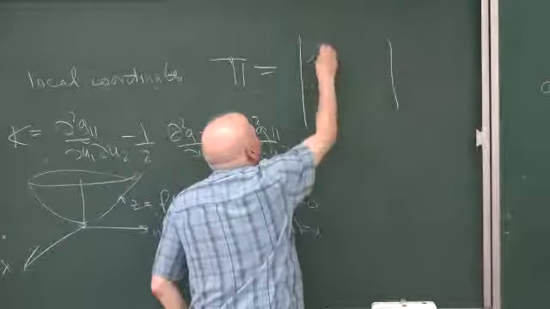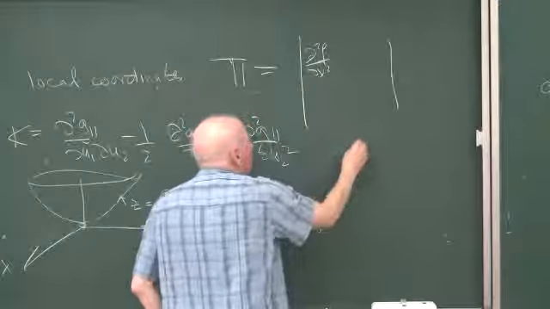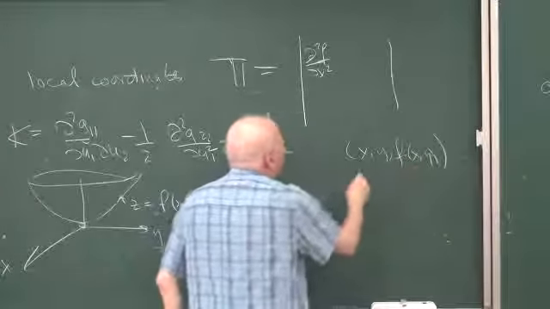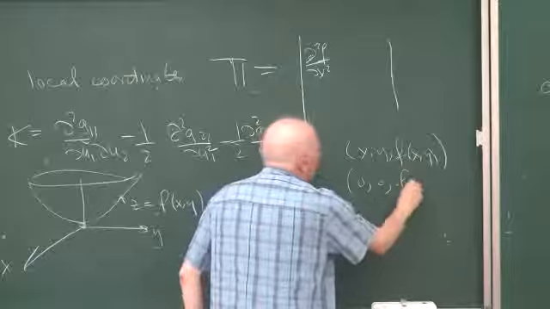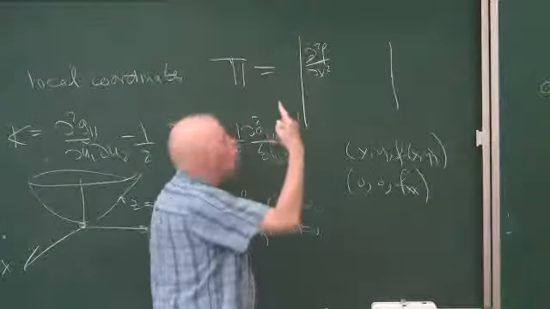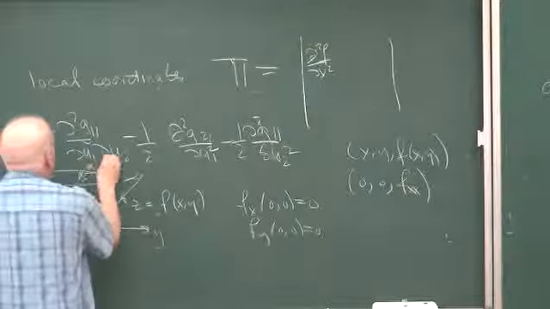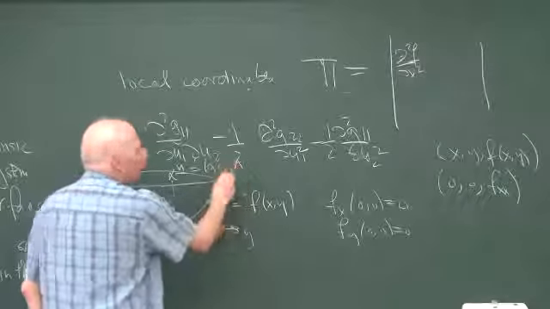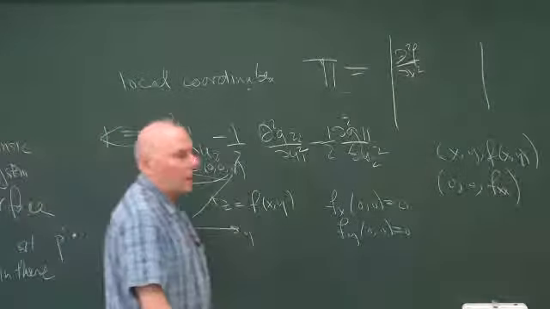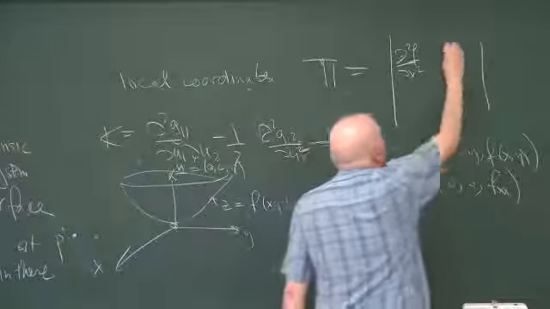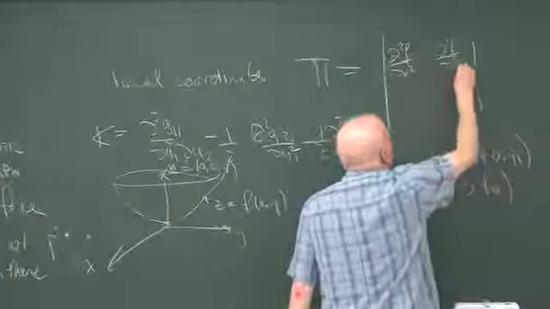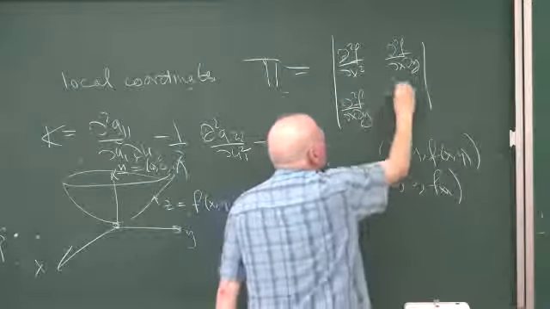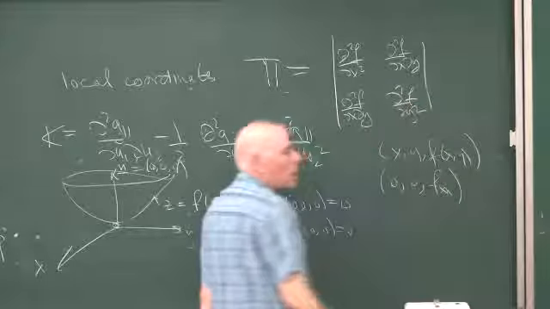Well, take the second derivative of the Hessian, x, y, f of x, y. Second derivative is 0, 0, and then f sub x, x. Dot it with the normal, which is 0, 0, 1. So it's only f sub x, x. Here, f sub x, y. Here, f sub x, y, which is how we started the lectures anyways. So no surprise.